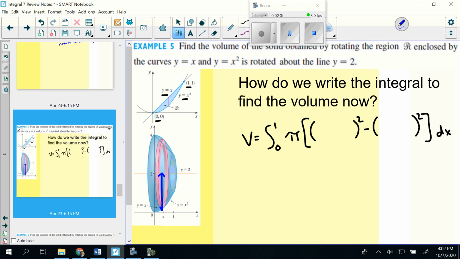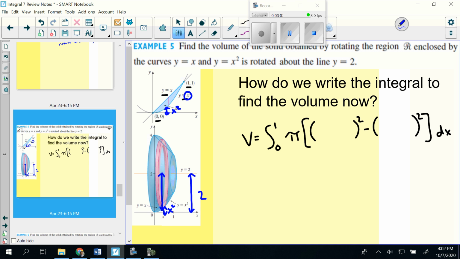Well, to find that, we are going to use the fact that we know that distance is 2, because that's around the line y equals 2. And we're also going to use the fact that we know the bottom of this function right here in the graph would be x squared.